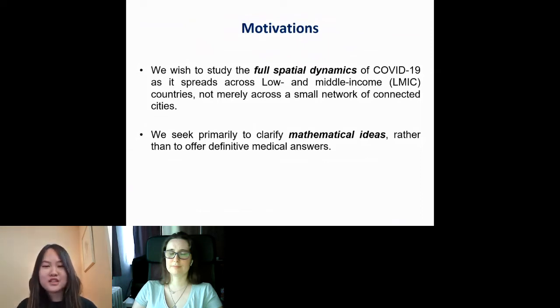So our motivation is to study the full spatial dynamics of COVID-19 as it spreads across low and middle income countries, not merely across a small network of connected cities. You can think of the airports as nodes because the model relies on people moving in batches from one airport to another. And we also primarily want to clarify mathematical ideas rather than offer a definitive medical answer.